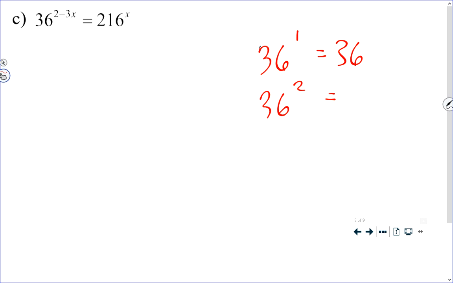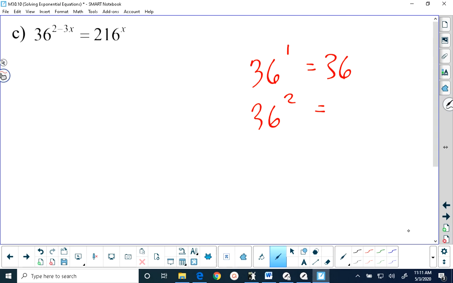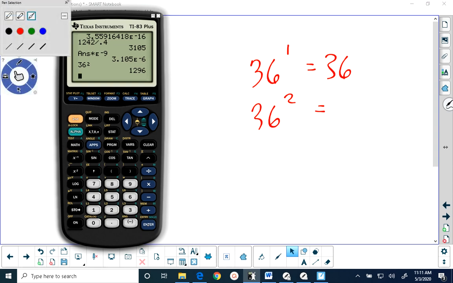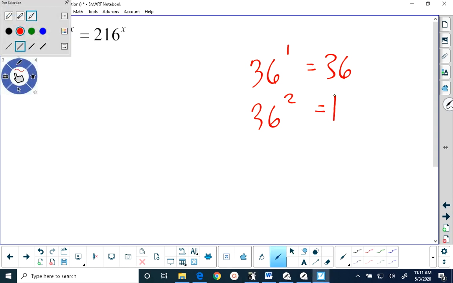And if 36 squared gives us 216, then we can use 36 as a common base. I think most of you recognize that 36 squared is not going to give you 216. It turns out to be 1296. And all that is telling us is that 36 is not the common base.